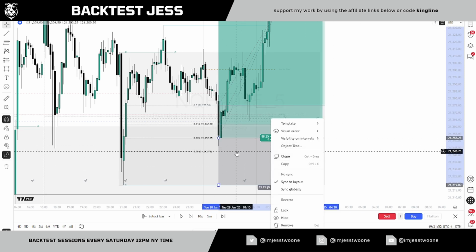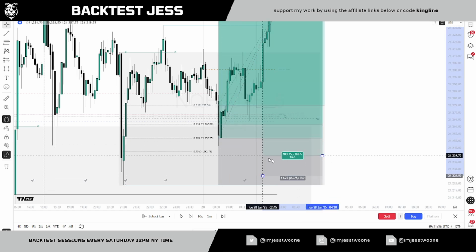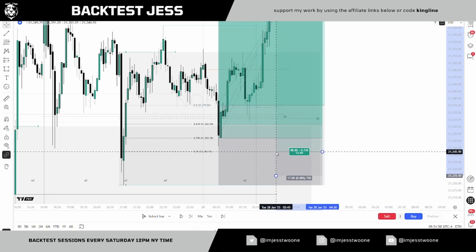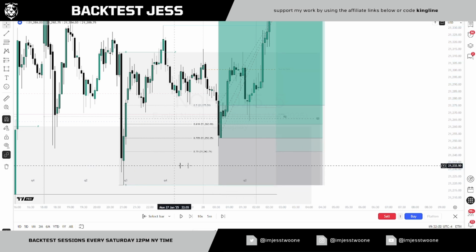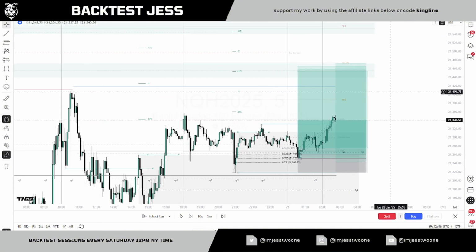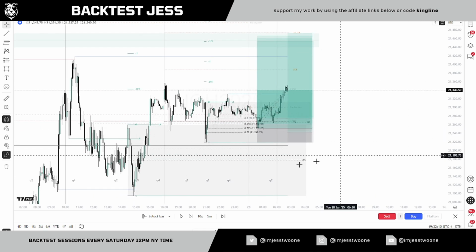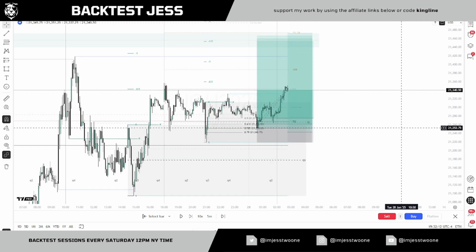Oh wait, we didn't get a position on that last one. I'm just going to place it just in case, although I don't think it comes back. 75. Alright, and I'll drag the TPs after we actually hit TP, because we're going into the next 4-hour candle.